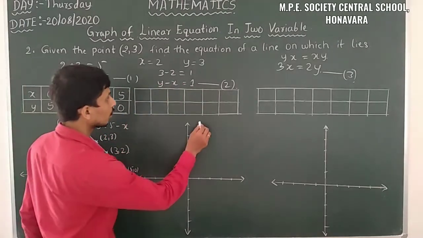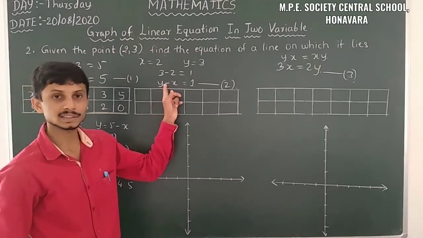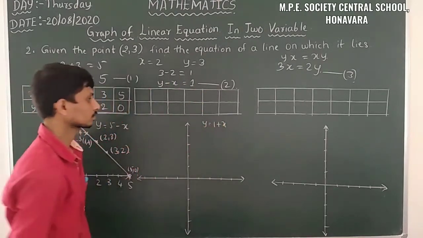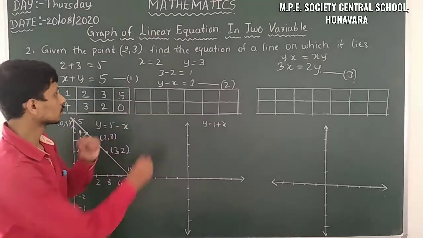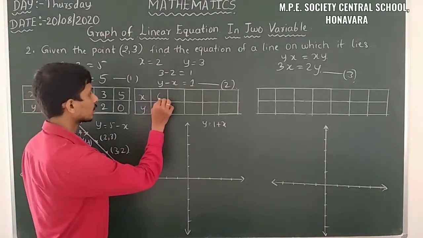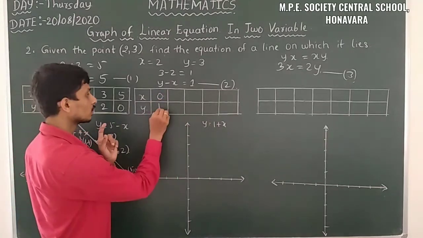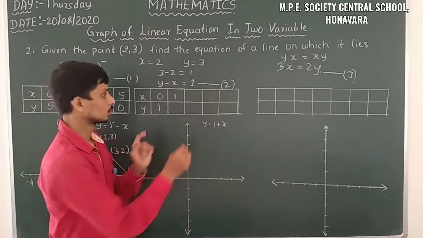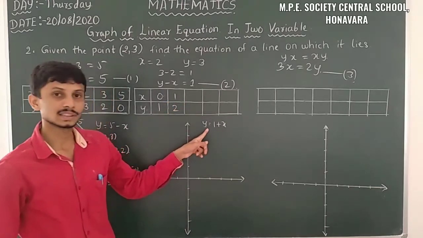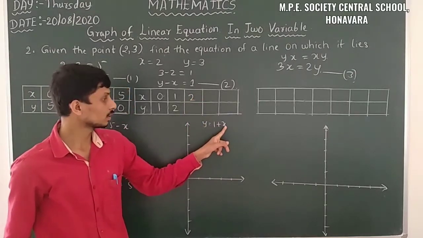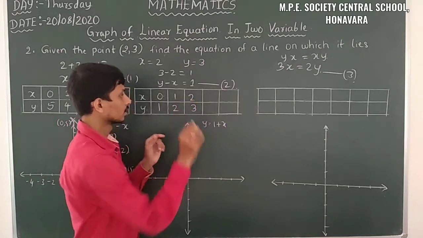Here, when we transpose the minus x, it becomes plus x. That is y is equal to 1 plus x. Then we have to take the values of x and y. When you insert the value of 0, we get 1. When you insert 1, we get 2. When you insert 2, then 2 plus 1 is 3.